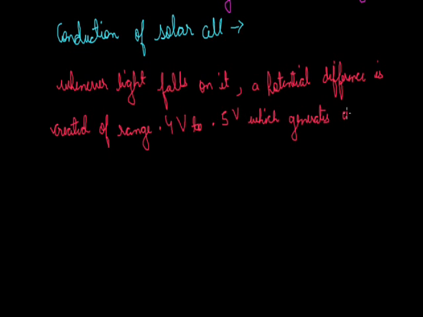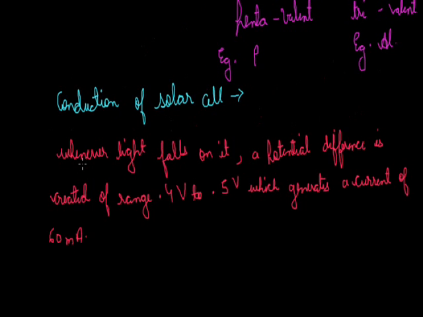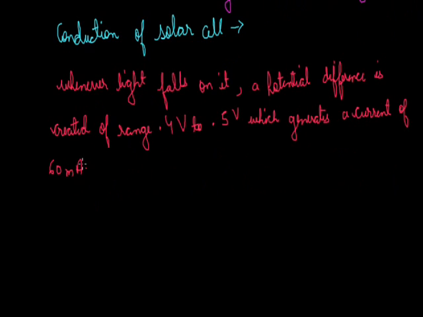Now, if we join these solar cells and combine them together in a definite pattern, then the potential difference created would be higher than in a single solar cell, so the current will also be higher.